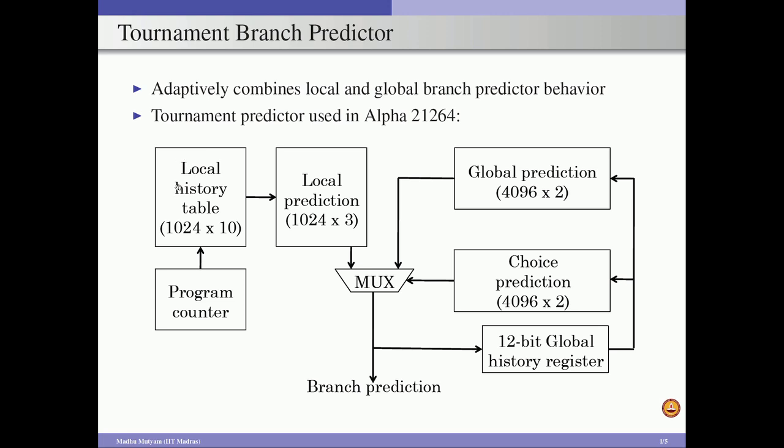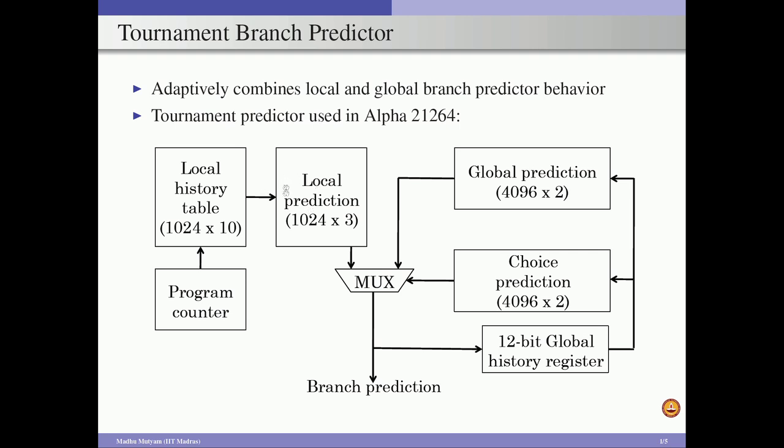As a result, all the similar branches map to the same entry, and this entry gives the last 10 outcomes of all these similar branches. Using this, we index into the local prediction table, and whatever prediction we make from this table is because of the outcomes of the similar branches. So, we call it a local prediction.